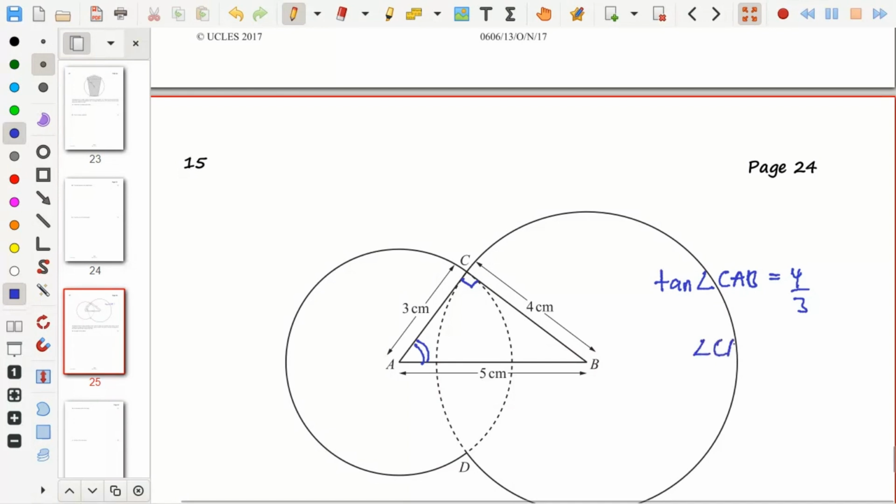So the tan inverse of this, I'm getting my angle to be 0.927 rad.